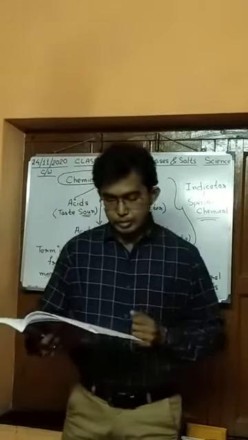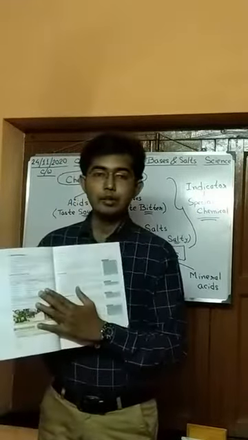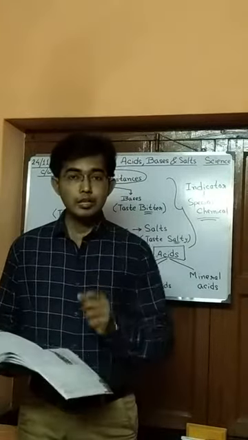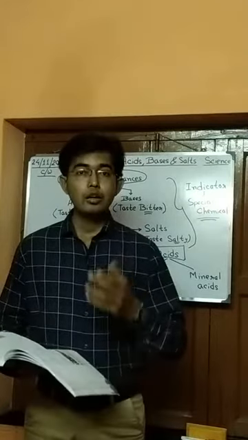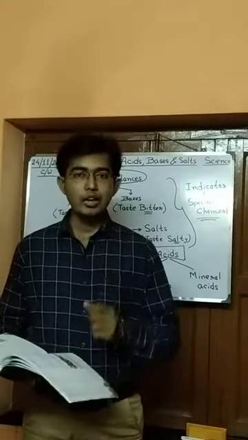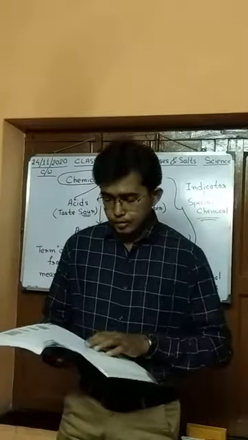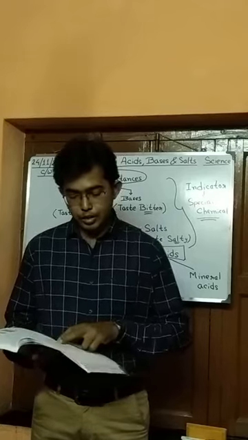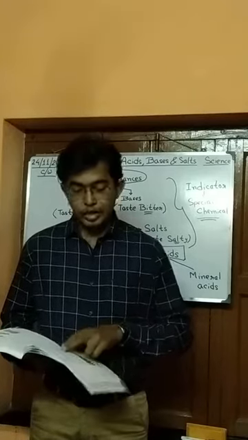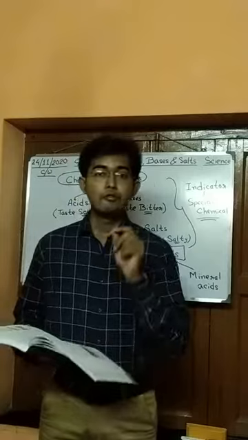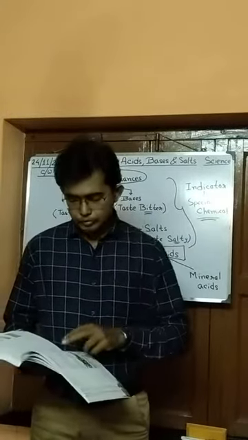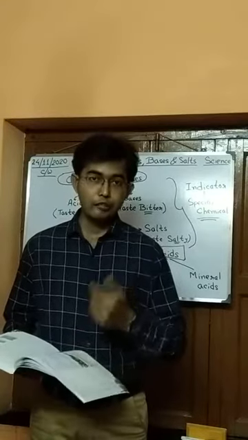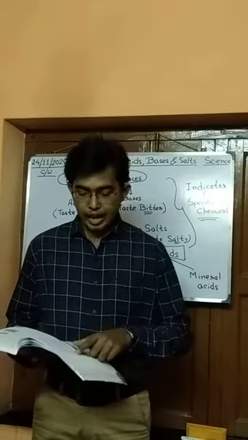On page number 72 you can see a table of substances found in plant sources and animal sources. In orange and lemon juice we get citric acid, in grapes and tamarind we get tartaric acid. Citrus fruits, which contain vitamin C, and black currants contain ascorbic acid, and in vinegar, as I have told you, the acid is acetic acid.